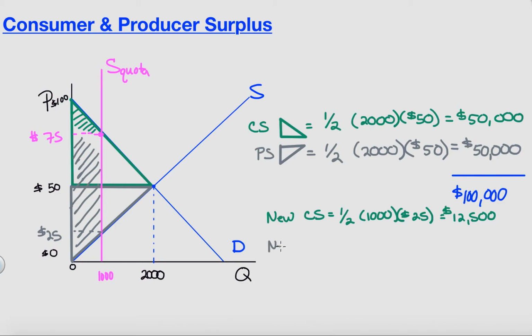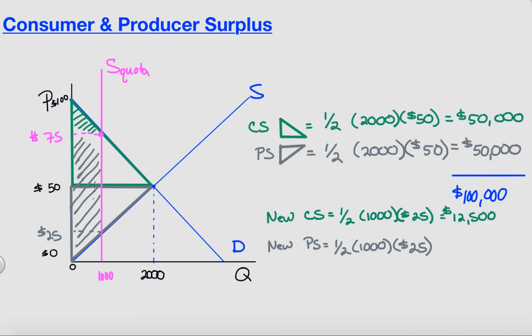Okay, so that whole area is now producer surplus. So this is the new producer surplus. So the new producer surplus is this little triangle down here, which we can easily figure out is 1/2 base 1,000 units times the price of $25. And the only reason that we know that it's $25, I'm giving that to you.